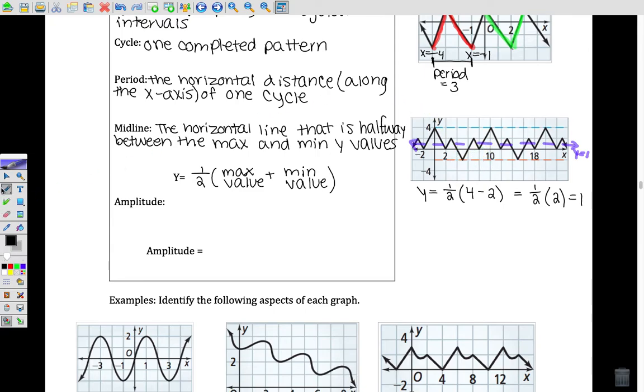So the amplitude, another way to think about it, is half the distance between the maximum and minimum values.